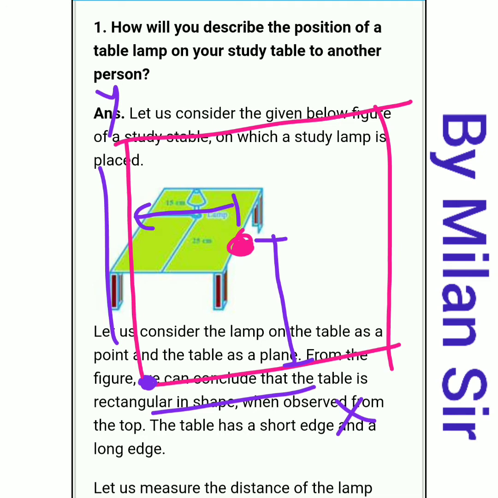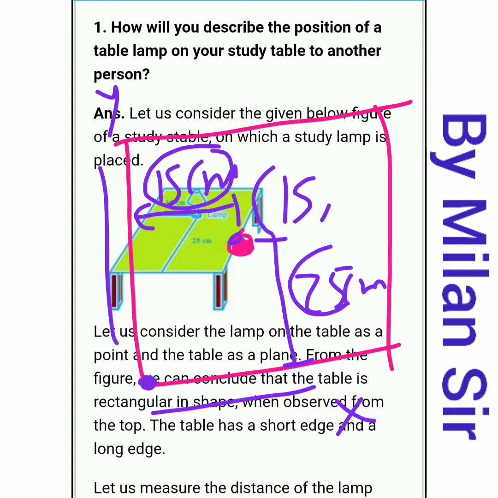Now if the distance of this table lamp from the y-axis is 15 centimeter, and the distance of this lamp from the x-axis is 25 centimeter, then the coordinate of this point, horizontally 15 centimeter and vertically 25, so 15, 25.